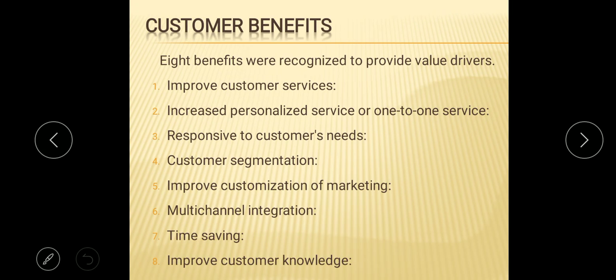Eight benefits were recognized to provide value drivers. First, improved customer services. In general, customers would have some questions, concerns, or requests. CRM services provide the ability for a company to produce, allocate, and manage requests made by customers.